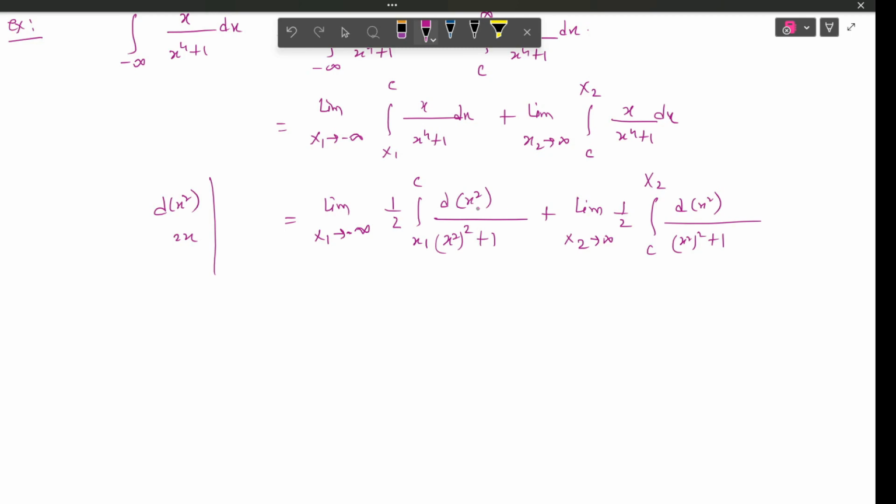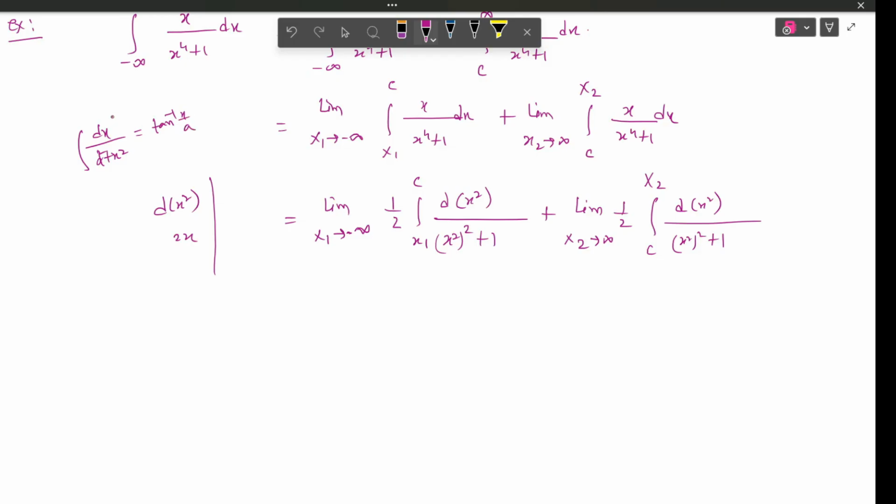Now we know that the integral of dx by a square plus x square is tan inverse of x by a.